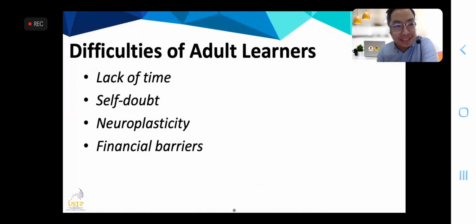Next, I think all of those who shared mentioned this: financial barriers. Our adult learners, especially college students, have other priorities. They're expected to help their families.